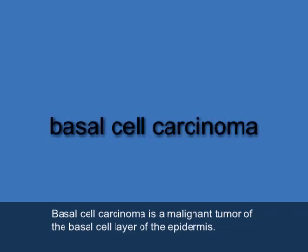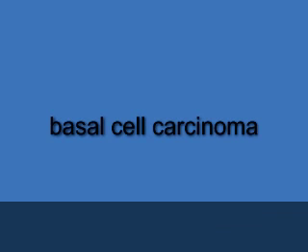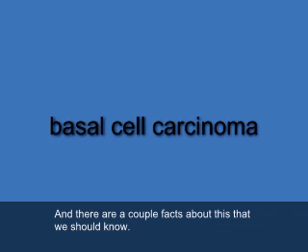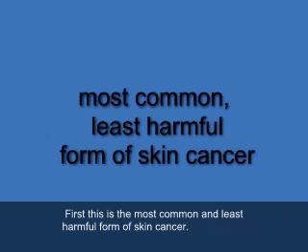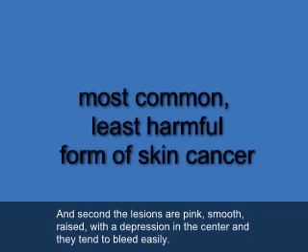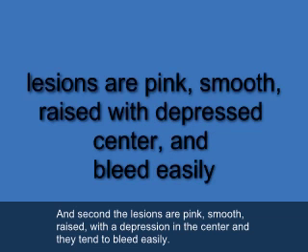Basal cell carcinoma is a malignant tumor of the basal cell layer of the epidermis. And there are a couple facts about this that you should know. First, this is the most common and the least harmful form of skin cancer. And second, the lesions are pink, smooth, raised, with a depression in the center, and they tend to bleed easily.